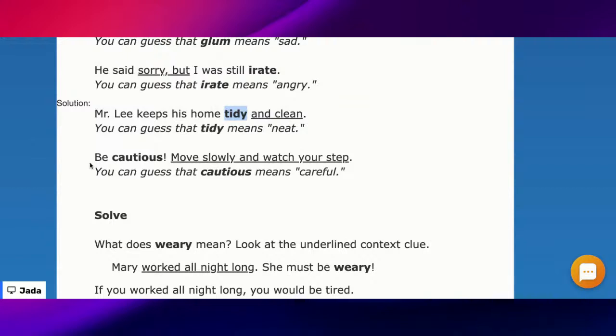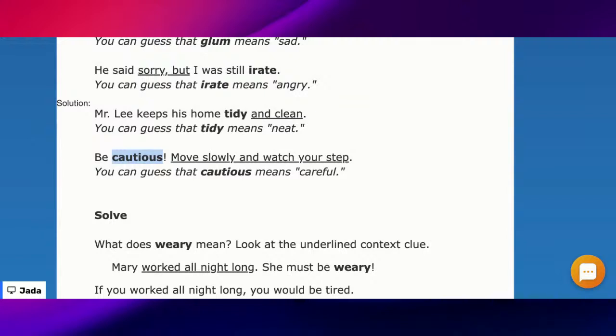Okay, it also says be cautious. Be cautious. Move slowly and watch your step. So when it's saying be cautious, what do you think it's telling you? Is it going to be like, be active, be careless?